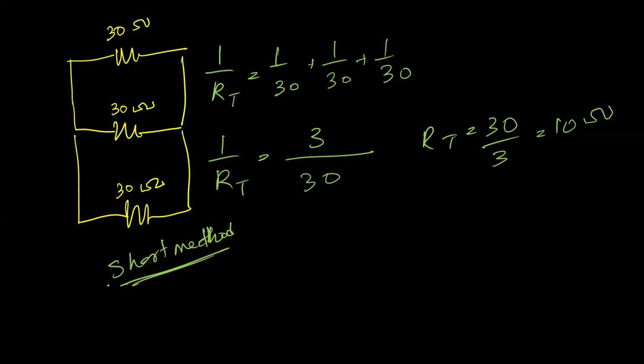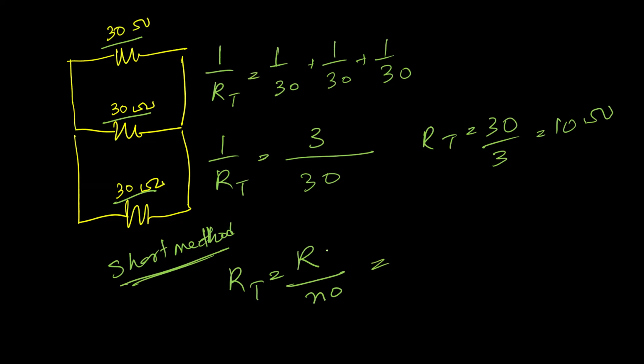If it is parallel and if the resistor values are same, 30, 30, 30, in that kind of situation, directly you can get R total by using this equation: the resistor value of one resistor, divided by the number of resistors.